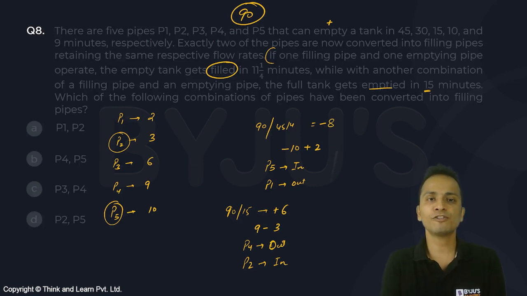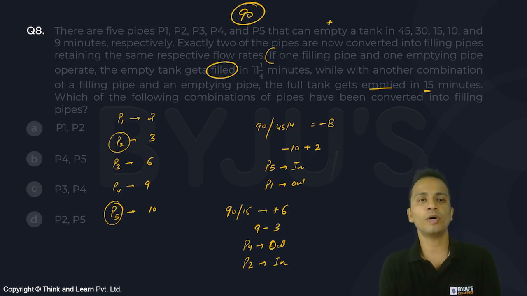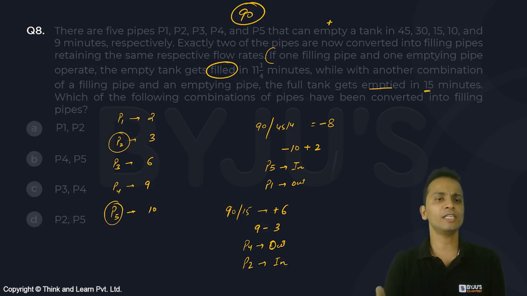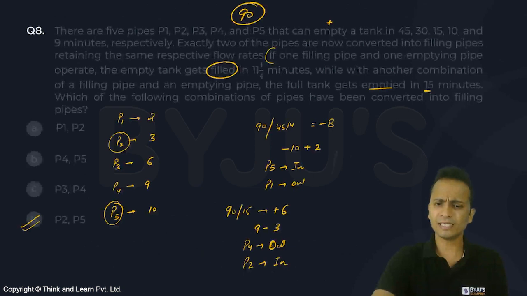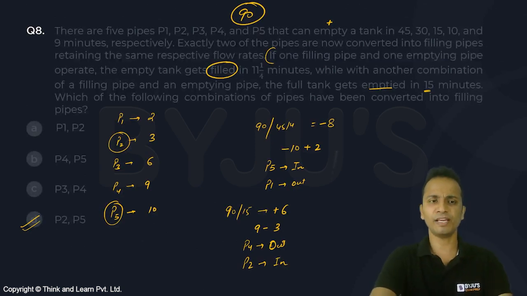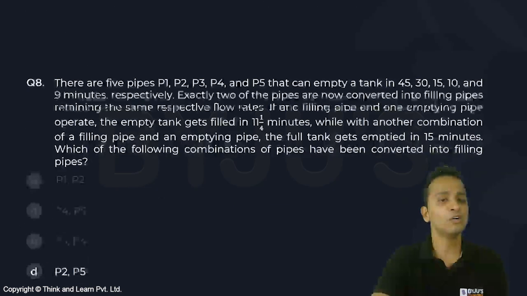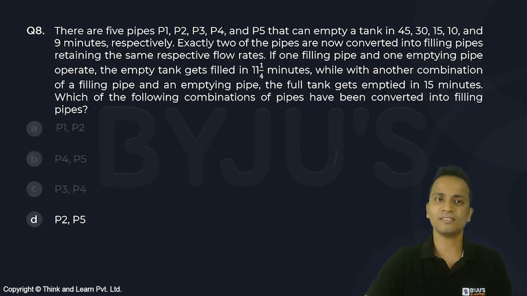The question is, which combination of pipes has been converted into filling pipes? It is P2 and P5, which is option D. I said P4 earlier, but it is P5, as you can see. P2 and P5, which is option D, is the correct answer.